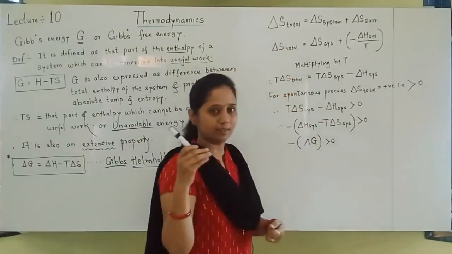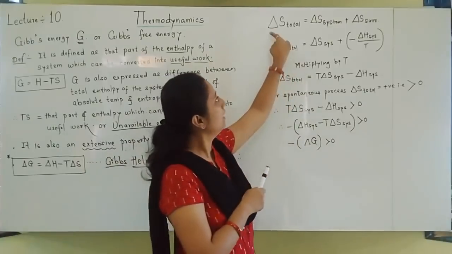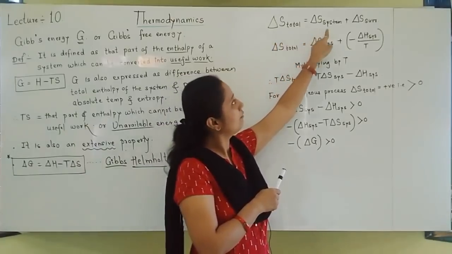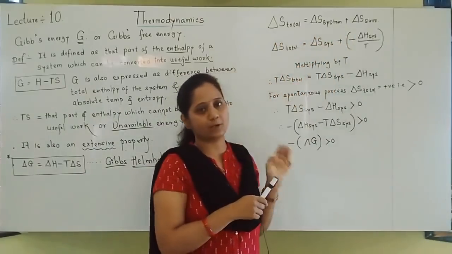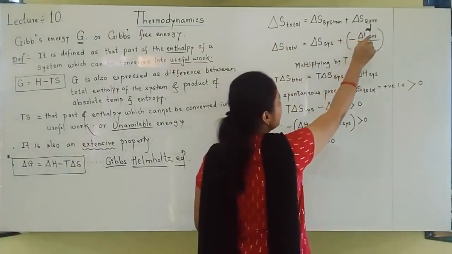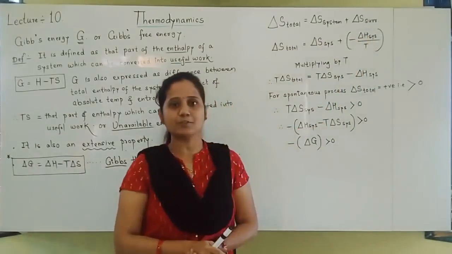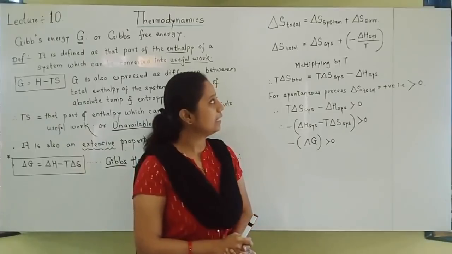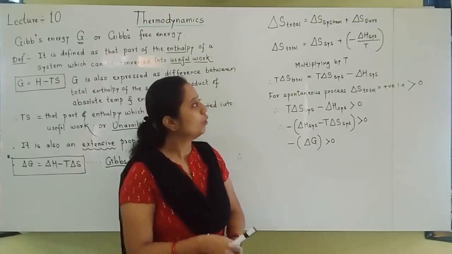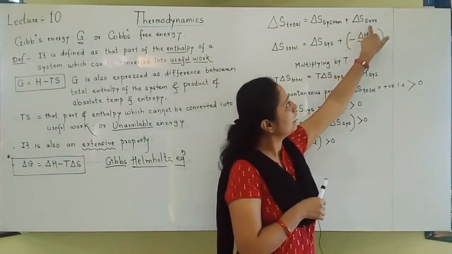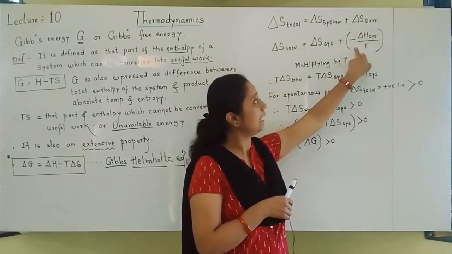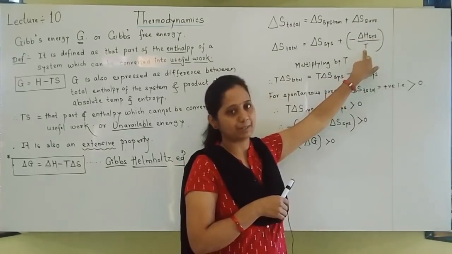Already I told you a few minutes before that the total entropy is always delta S of system plus surroundings. Now for the surroundings we have seen two formulas: delta S of surroundings is equal to delta H of surroundings by T, or minus delta H of system by T. So instead of delta S of surroundings I substituted the other formula, minus delta H of system by temperature.